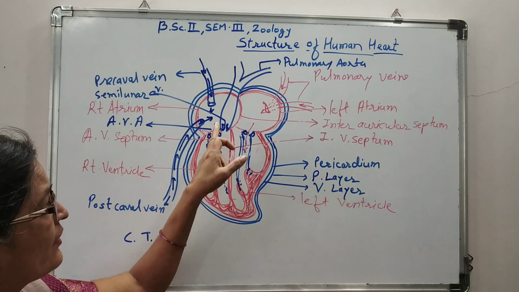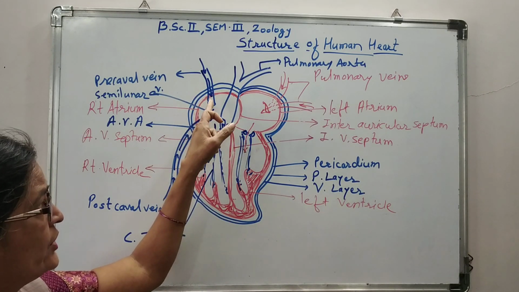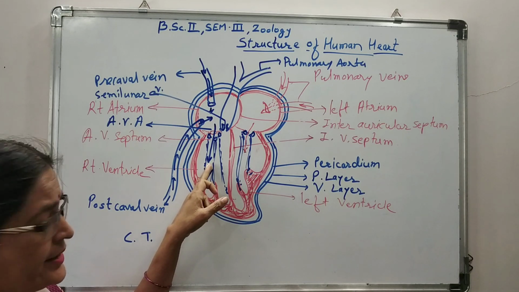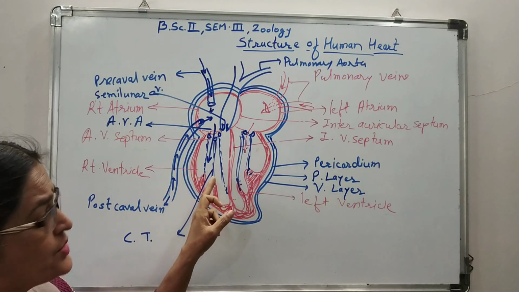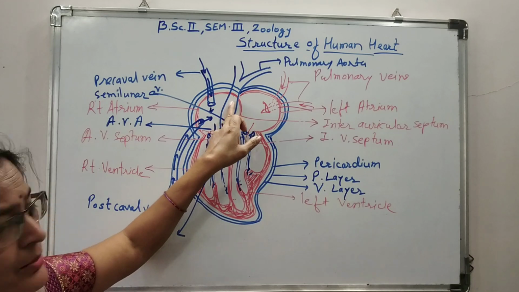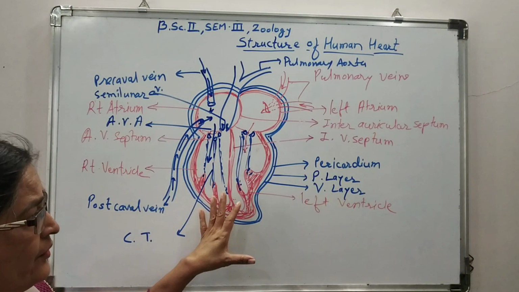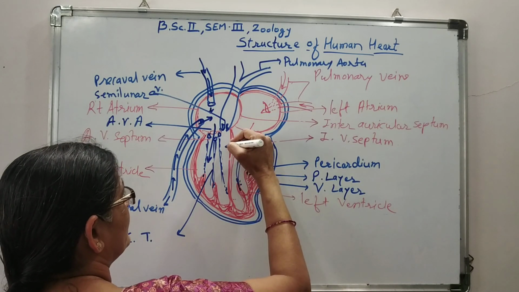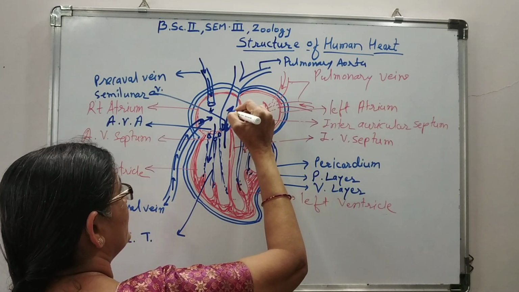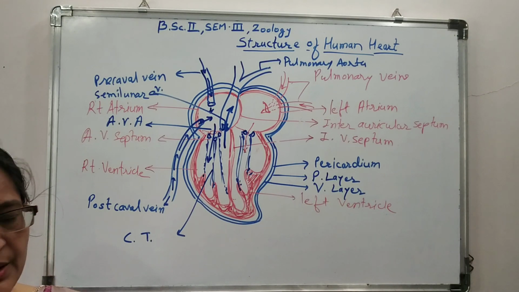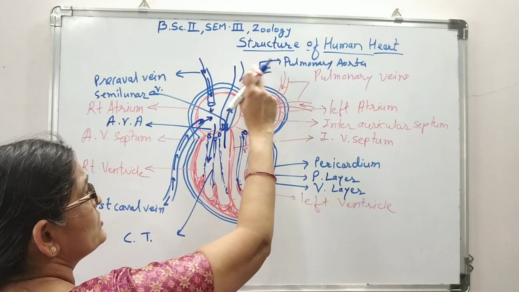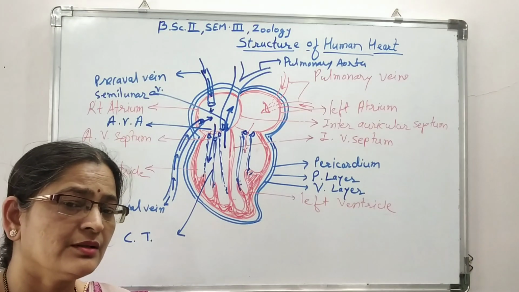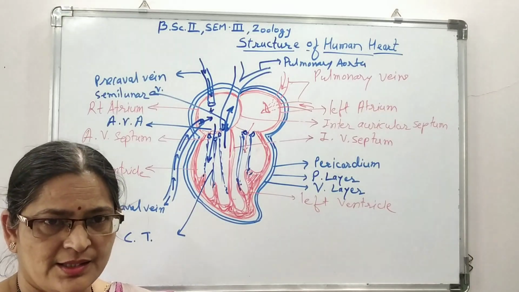Now, once the deoxygenated blood enters into this right ventricle, it has to pass into this pulmonary aorta. When the ventricle contracts, this deoxygenated blood enters into the pulmonary aorta, then it passes to this left and right pulmonary artery which reaches the lungs.